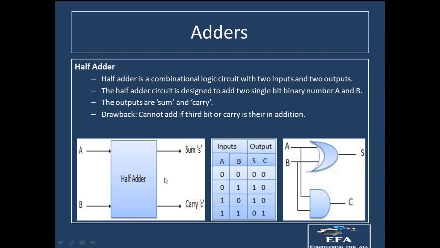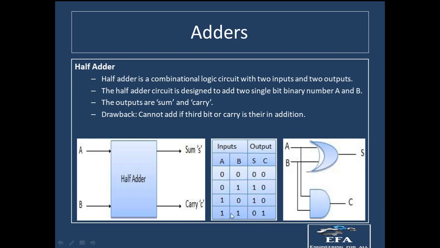This type of circuit has a drawback: if we add these two numbers and we get a carry, that carry cannot be carried forward for addition with the other two single bit numbers. Suppose we have 1 plus 1. We know that it is equal to 10, so 0 comes at the sum place and 1 is the carry.